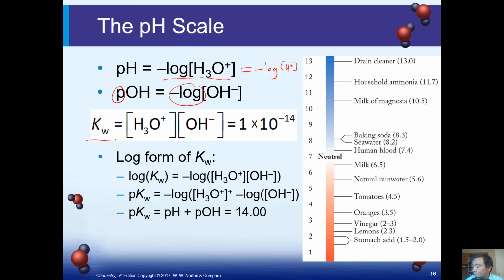Since Kw is hydronium ion concentration times the hydroxide concentration, and at 25 degrees C is 10 raised to negative 14, so you would know pH plus pOH is 14. Again, it's at 25 degrees C for this side. pKw is always the same as the total of pH and pOH, because that's by definition. But only at 25 degrees C, pH plus pOH is 14.